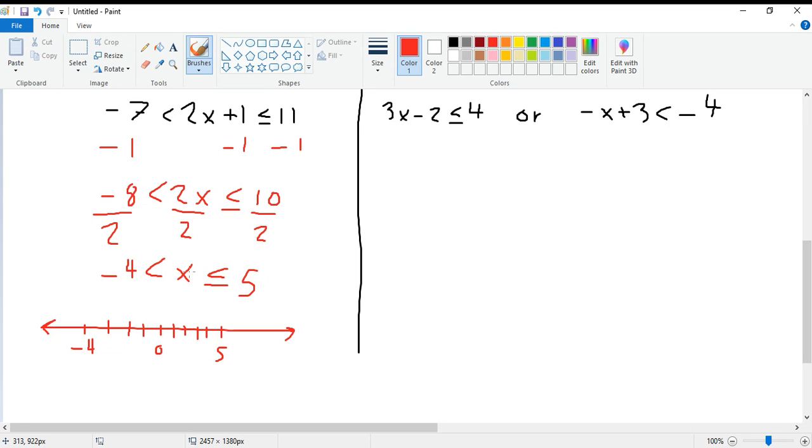We want the numbers that are in between negative 4 and 5. So we're going to put a parenthesis on negative 4, a bracket on 5, and shade in between those two numbers. To write this in interval notation, we're going to write parenthesis negative 4, comma, 5, close your bracket.